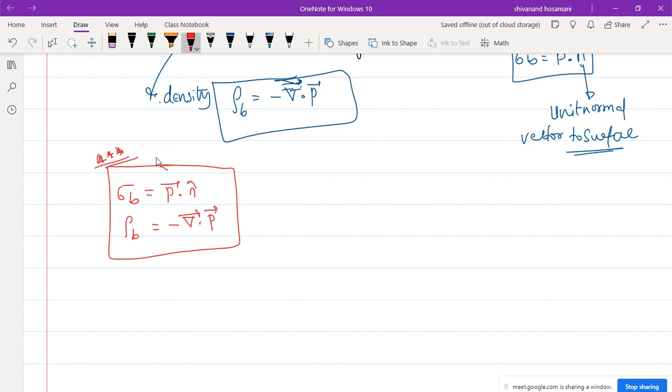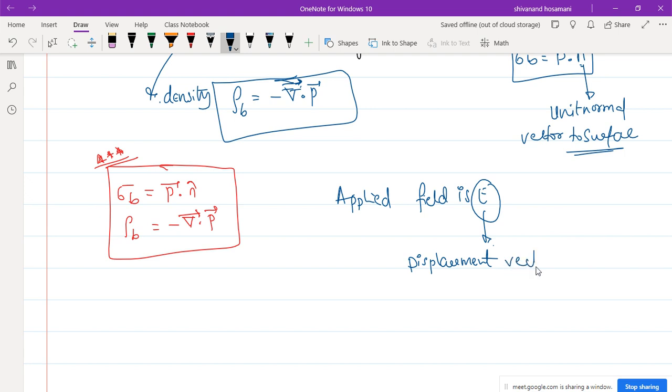Based on that, the applied electric field is called E. Corresponding to this, we are going to define another quantity, that is called the displacement vector. This displacement vector is given in case of dielectrics.